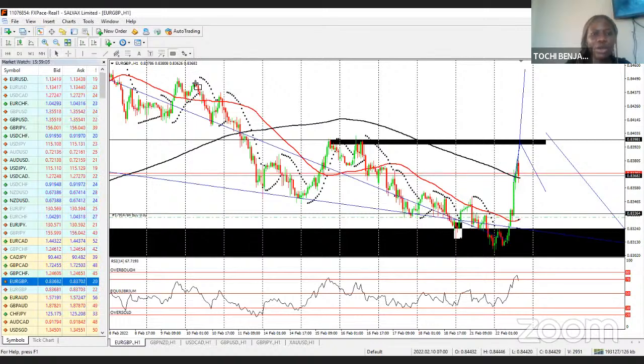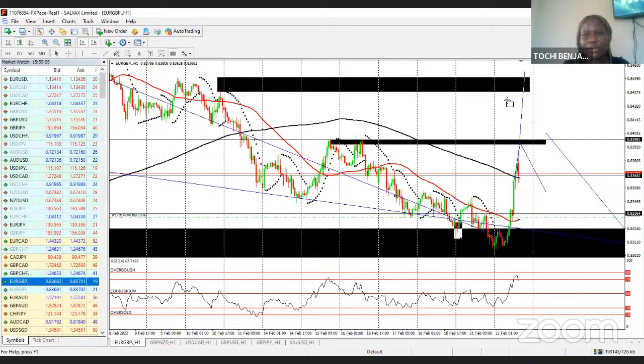This is the first obstacle, the first structure it will meet. That means we are expected to take our profit at the first structure it will meet before moving above this resistance. So this should be a target for profit taking.